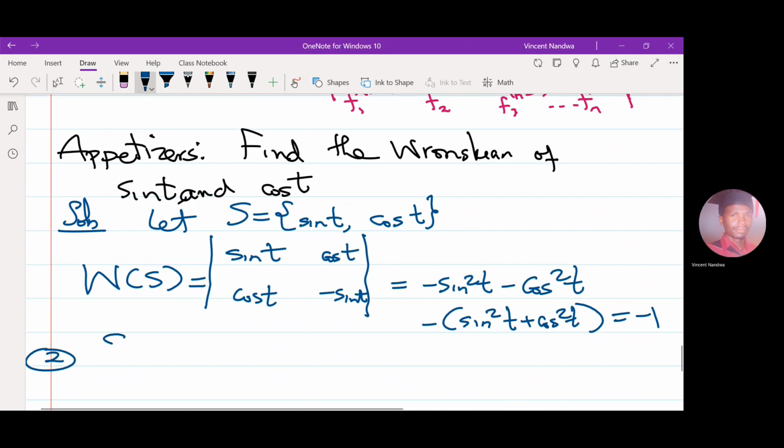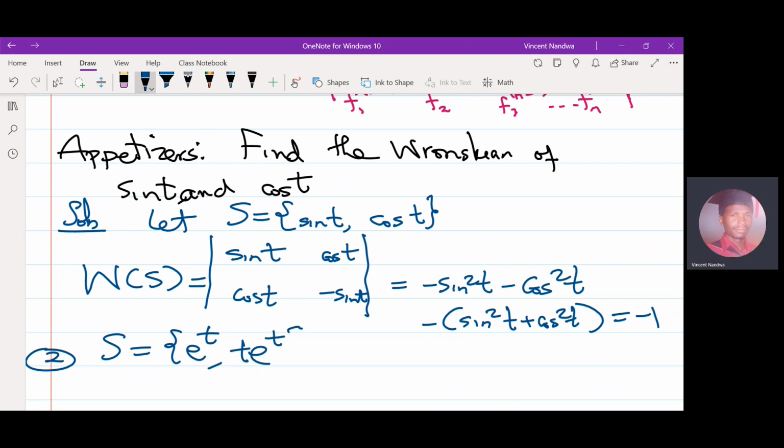2, what if we have S to be e power t, t e raised power t? Can you find the determinant of that set?